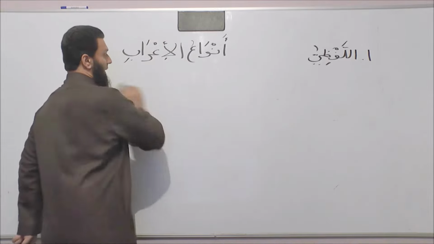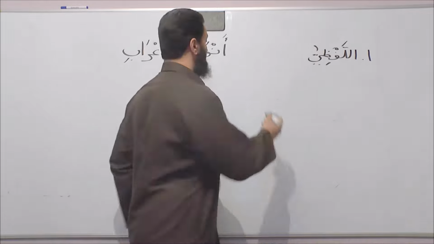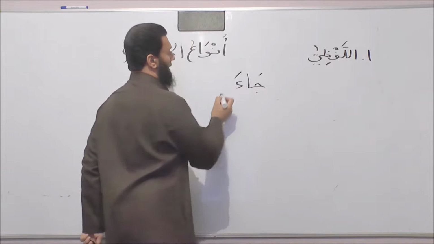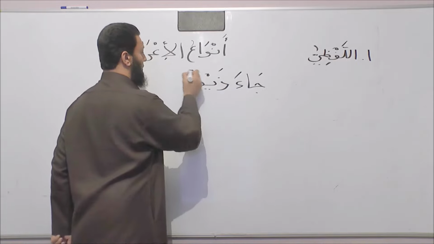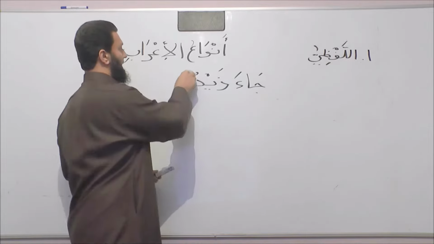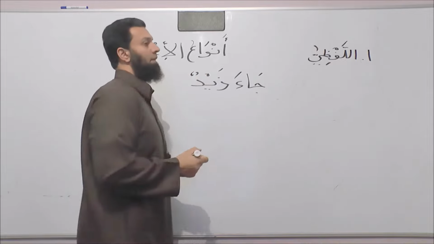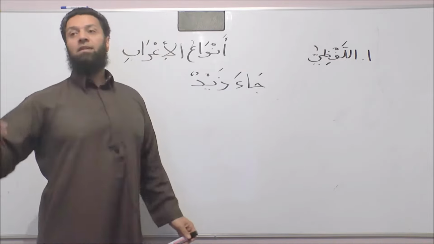So to give another example, therefore, if we were to say Ja'a Zaydun. That is an example of what type of sentence?